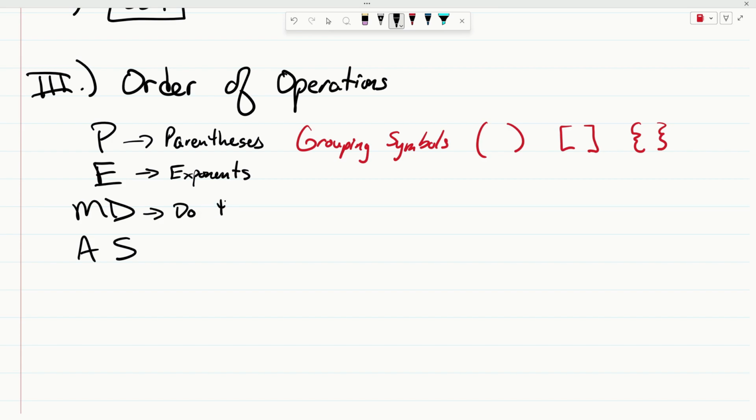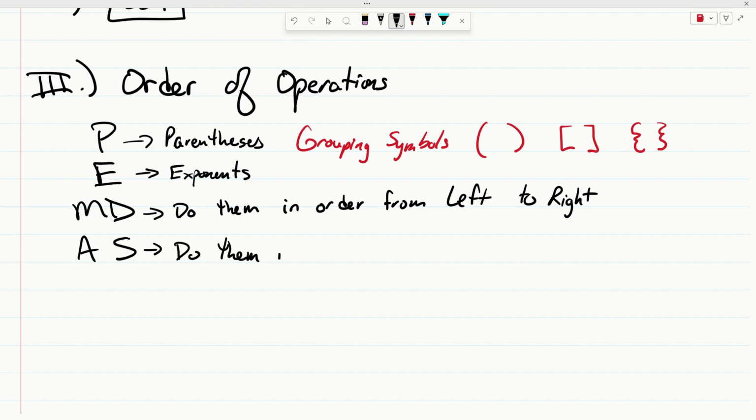You do these operations in order from left to right. All right? And the same thing applies to addition and subtraction. You do them in order from left to right.